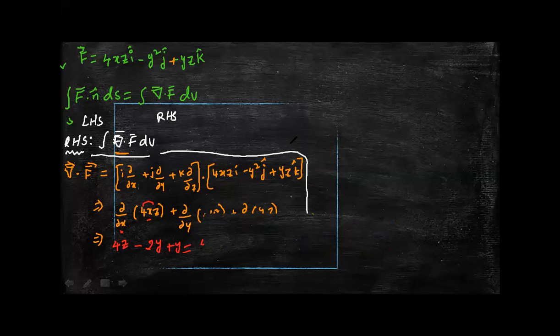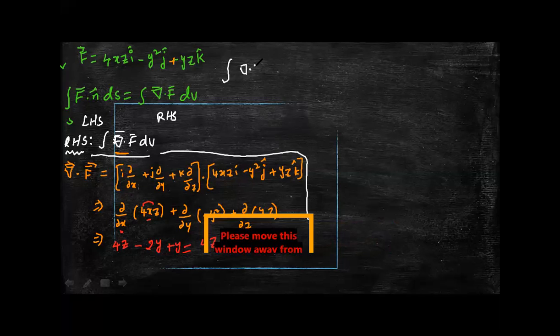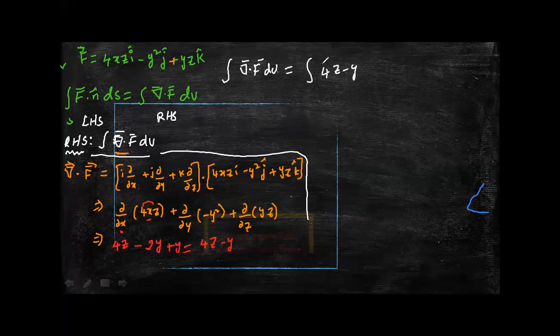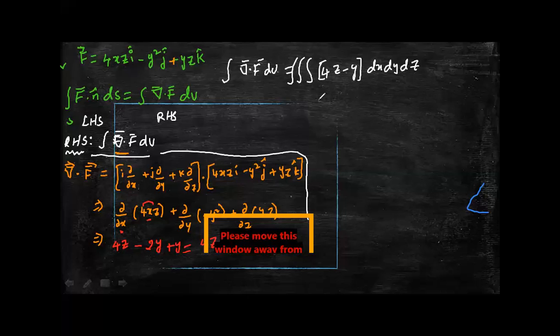Yes, sir. Okay. Then I have to apply the divergence theorem, integral of div F dV. I have to take this 4z minus y, dx dy dz. Then I have to apply three integrals also.